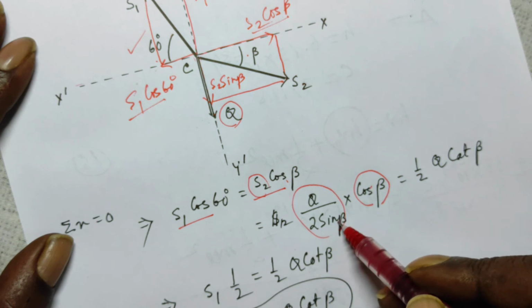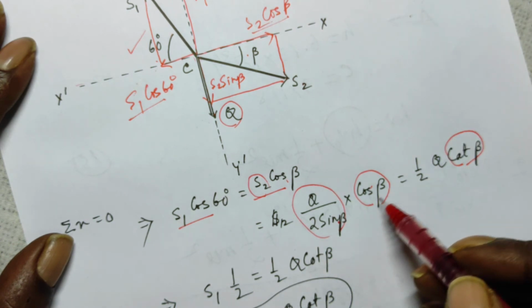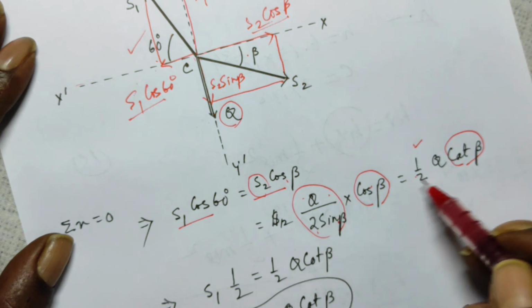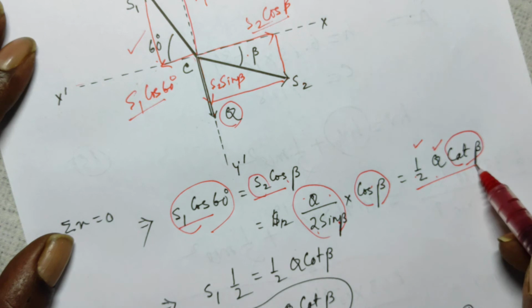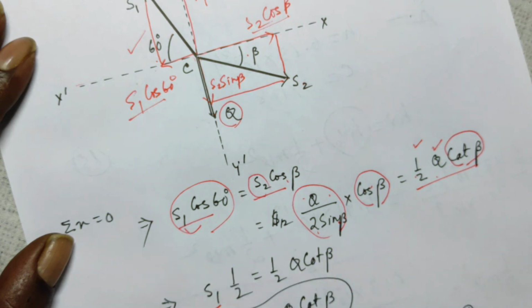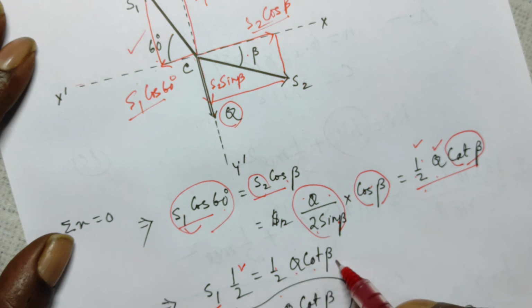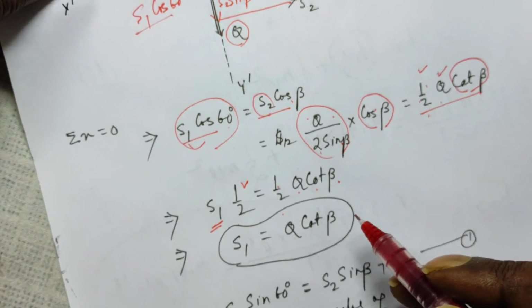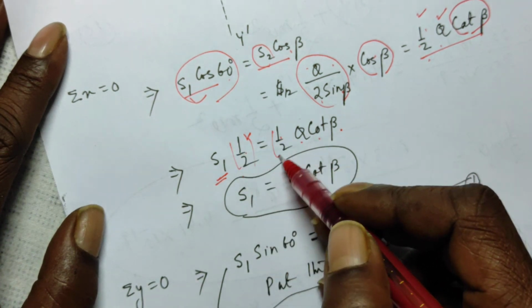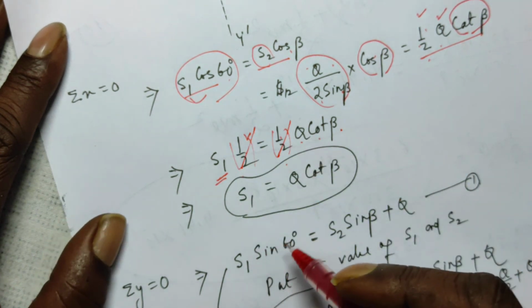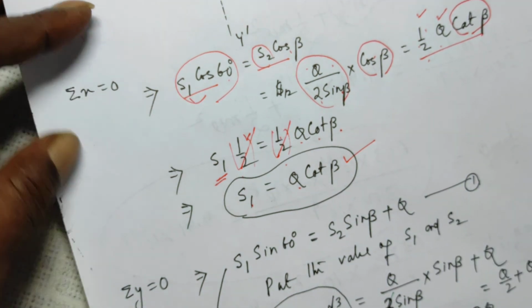Now cos beta over sin beta is cotangent beta, and 1 by 2 Q. So S1 cos 60 is equal to this much. So S1 remains as S1, cos 60 is half, 1 by 2 Q times cot beta, Q times cot beta. So half is multiplied on this side, half is multiplied on that side, so they are cancelled. So I am left with S1 is equal to Q times cot beta.